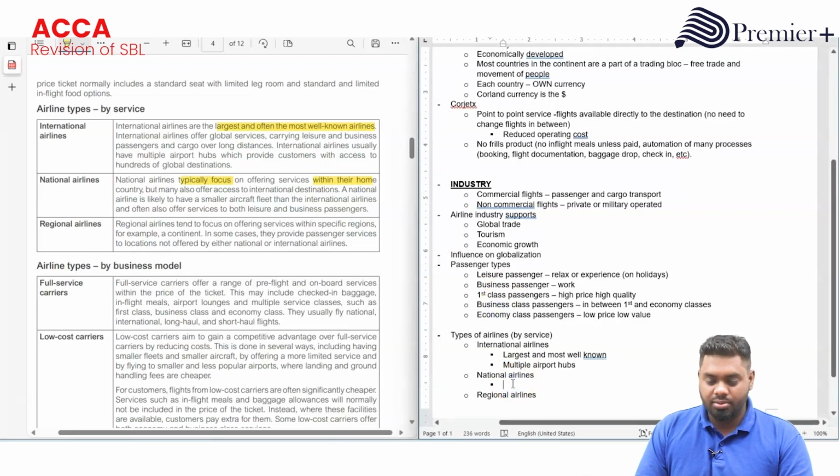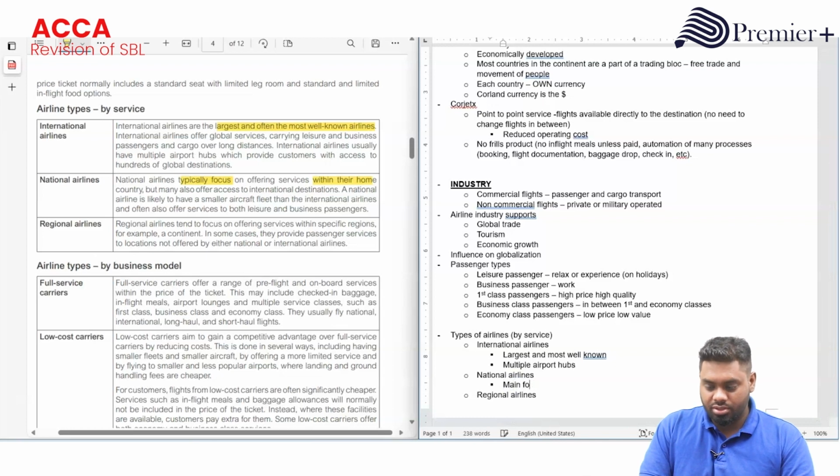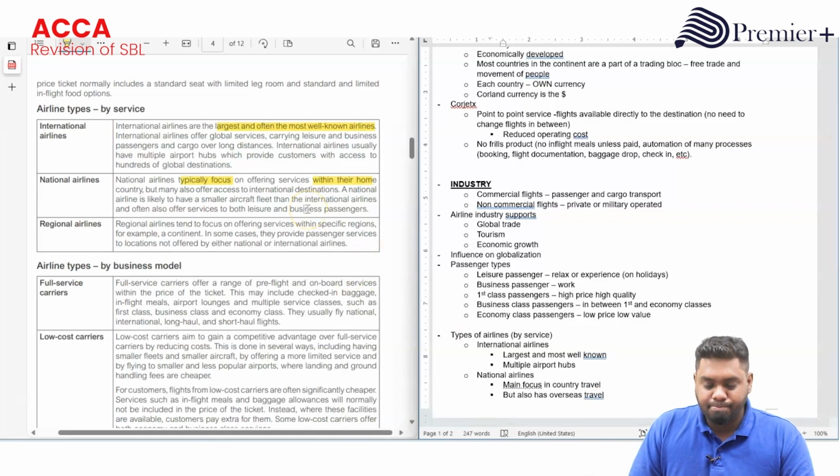So national airlines' main focus is in-country travel, but they also have overseas travel as well. Because they are traveling only within the country most of the time, their aircraft fleet is also smaller and they often offer services to both leisure and business passengers.